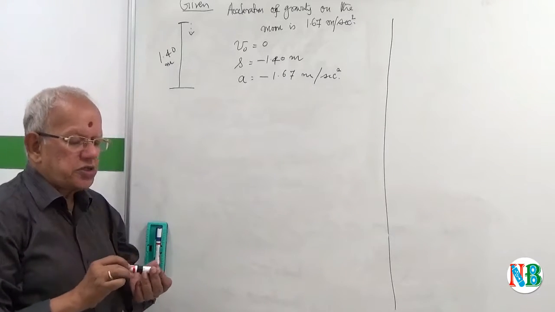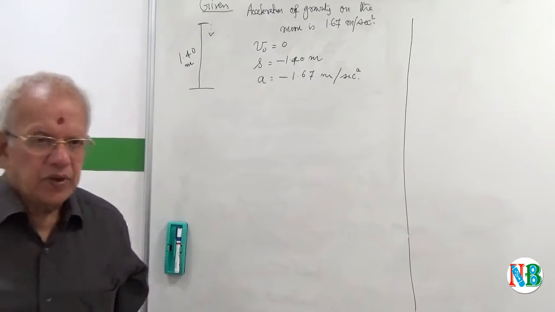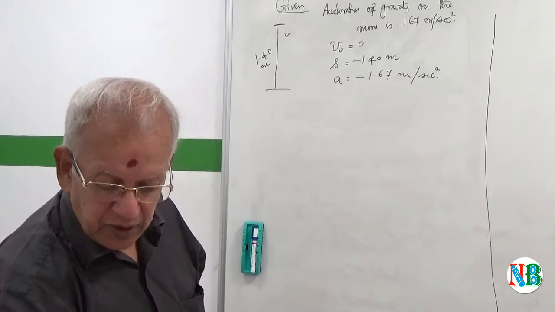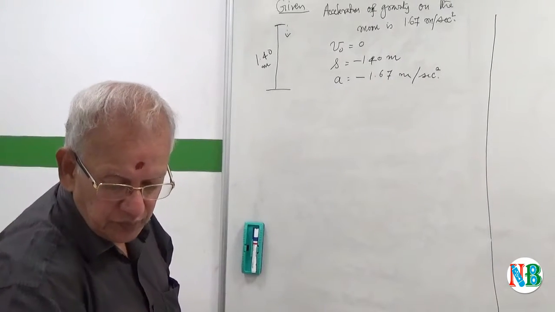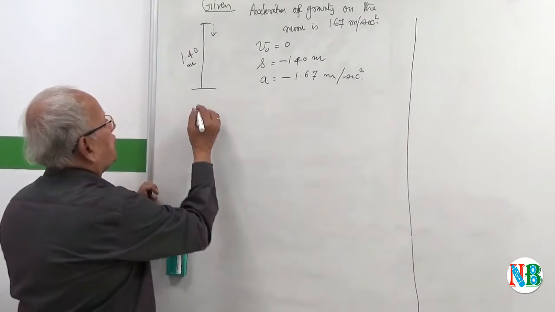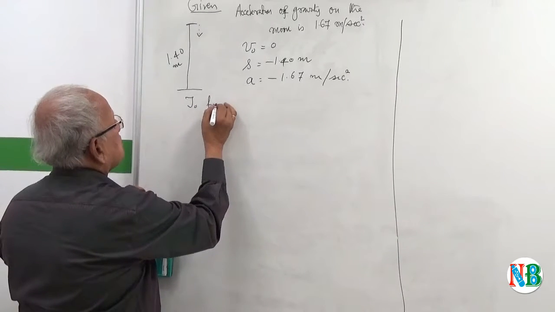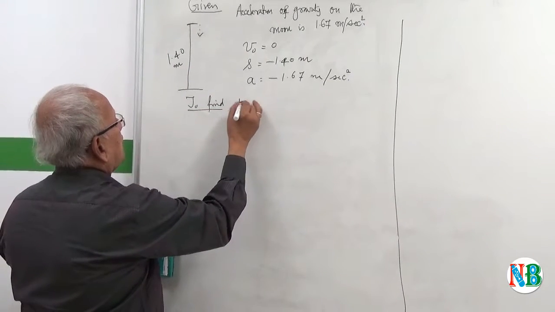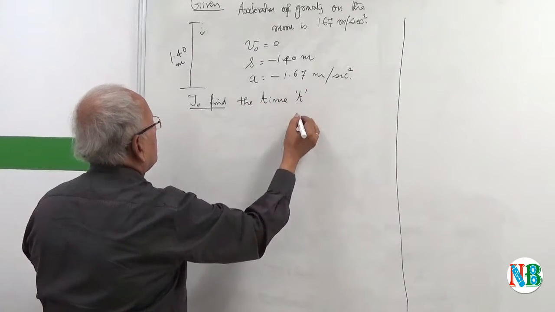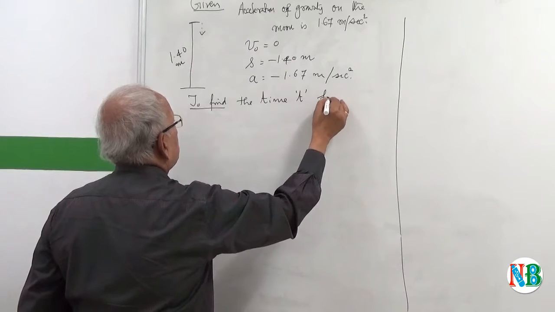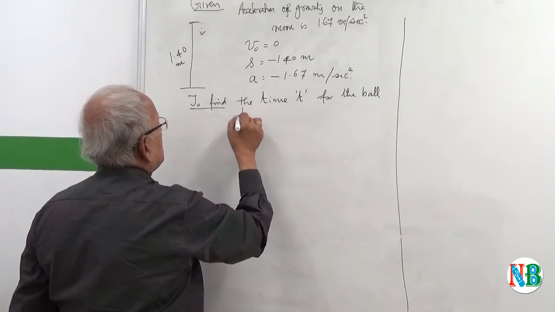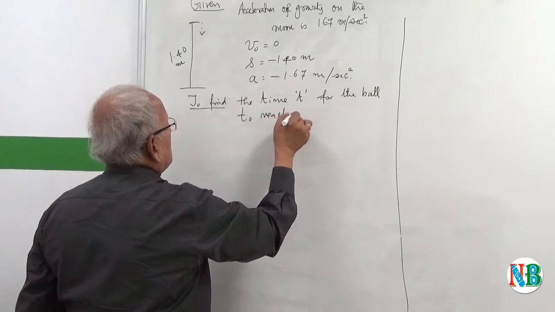Now, what is the question asked? The question asked is, determine the time t for the ball to reach the surface of the moon.